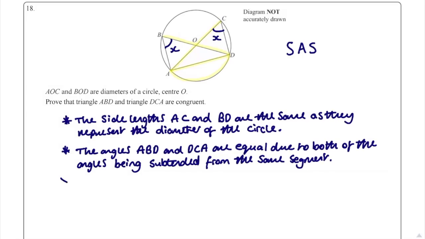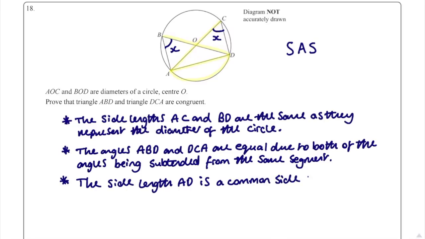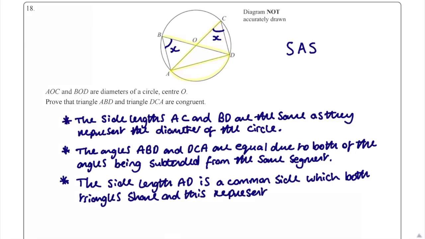And the last side I'm going to use is the side AD. Now the side length AD is a common side which both triangles share, and this represents a chord of the circle.